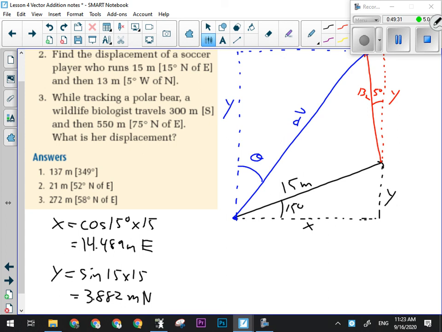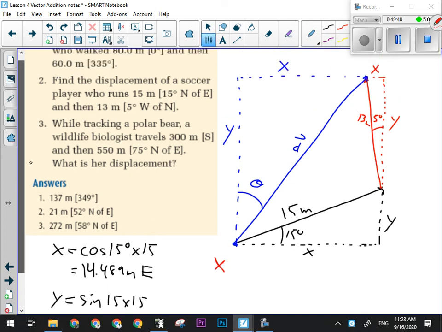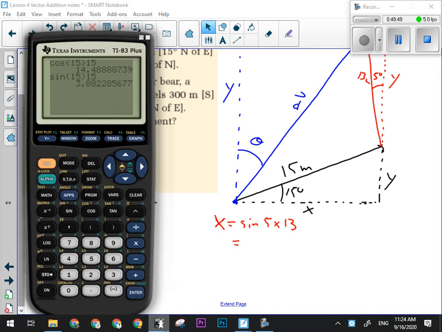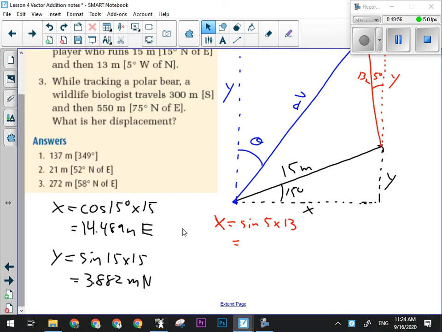So we've got those two. Got to do the same thing for the red triangle. For the red triangle, the x component is actually the opposite side, opposite that 5-degree angle. So x will be the sine of 5 degrees times the hypotenuse, 13 meters. Sine of 5 times 13 gives me 1.133 meters, and that's, sorry, east, not north.